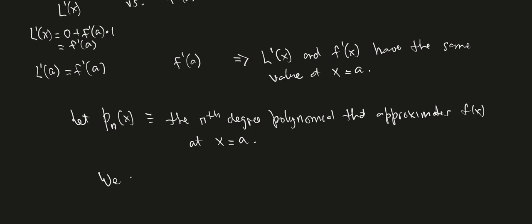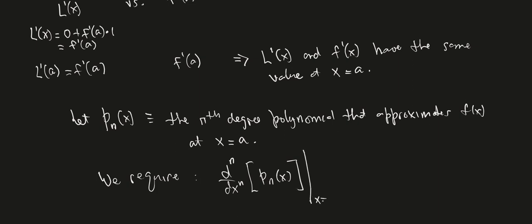So we require, and this is what's going to help us figure out what this polynomial looks like, I'll write it like this first. If we were to differentiate this polynomial n times and then evaluate it at x equals a, we would want to get the same number as differentiating the function n times and then evaluating at a.